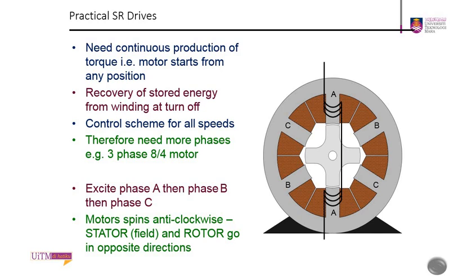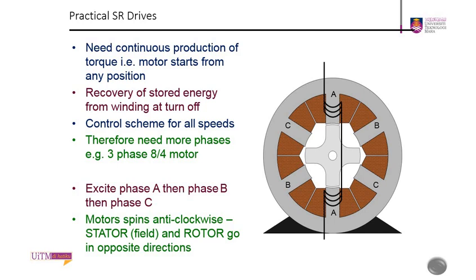So for the drives, it needs continuous production of torque. The motor can start from any position. The recovery of stored energy from the winding is at turn off, and there is a control scheme for all speeds, and therefore it needs more phases.